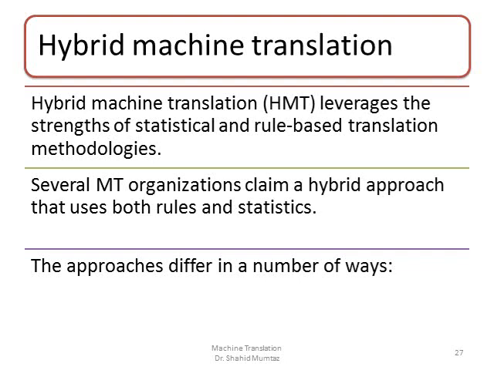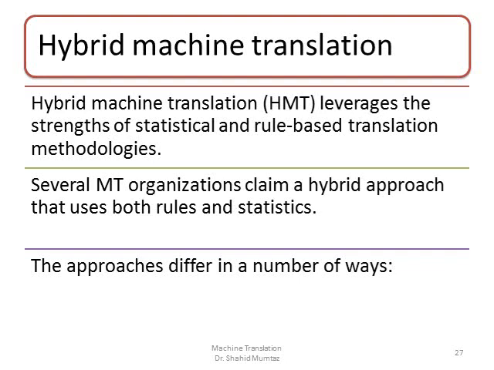Hybrid machine translation. Hybrid machine translation leverages the strengths of statistical and rule-based translation methodologies. So hybrid machine translation carries the strengths of both the methods we have talked about so far.